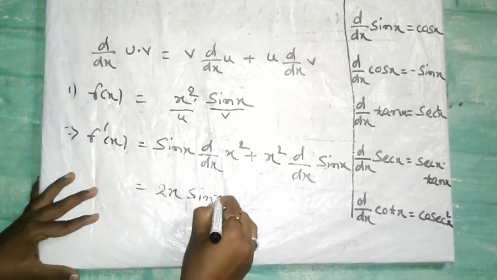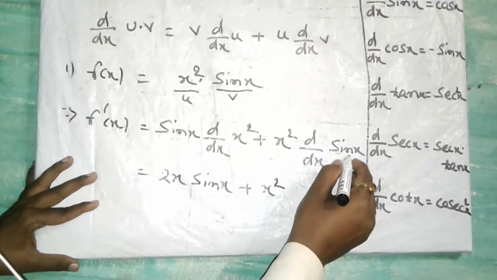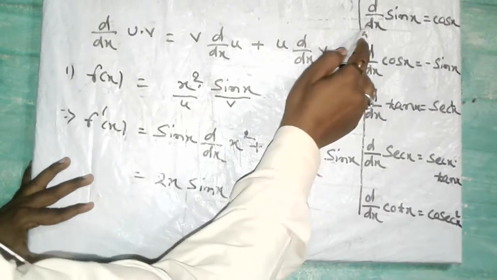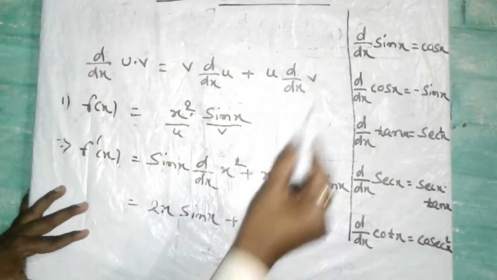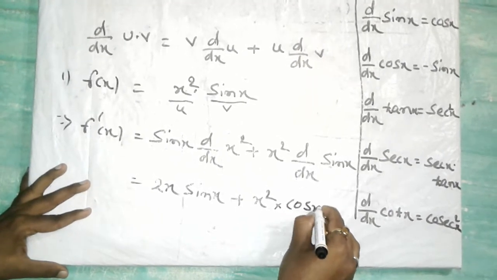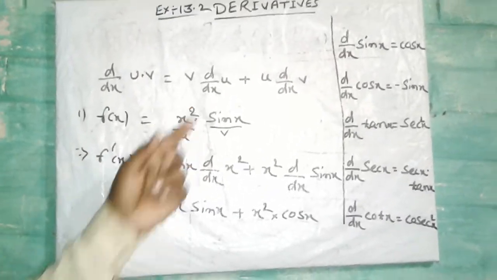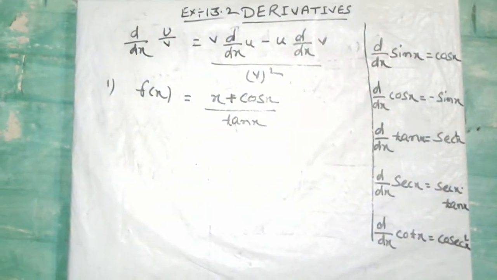So this is the first part, plus this one, x square and the differentiation of sin x. You see here, differentiation of sin x is cos x. So in place of this we will write cos x. So this is the way we can differentiate a function when two functions are given in the form of multiplication.